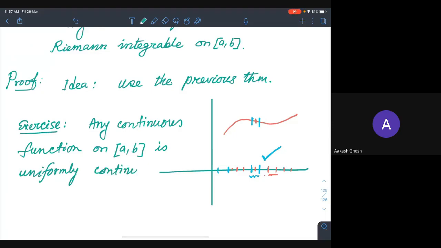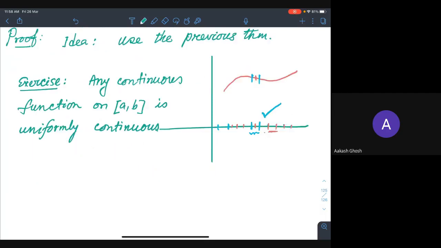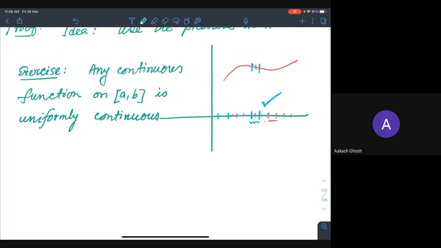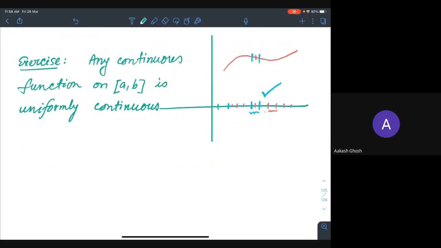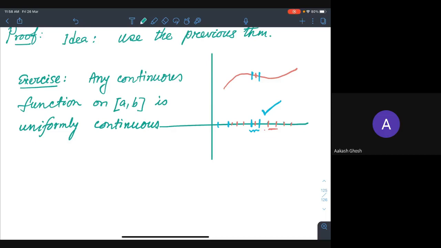So uniform continuity is important. All right. So now continue the proof. So this was an exercise.